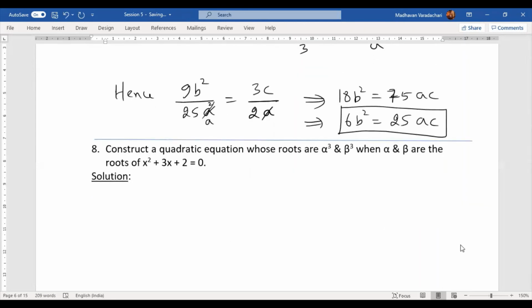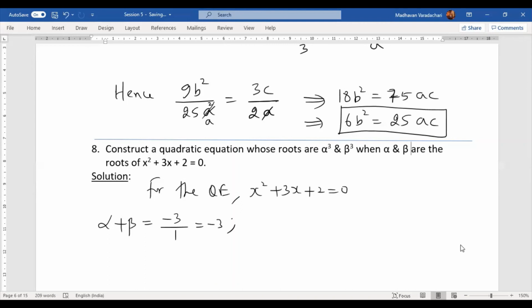So I can say the sum of the roots will be minus b by a, minus 3 by 1, so it is minus 3. Then the product of the roots, alpha beta, is c by a, which is 2 by 1, which is 2.